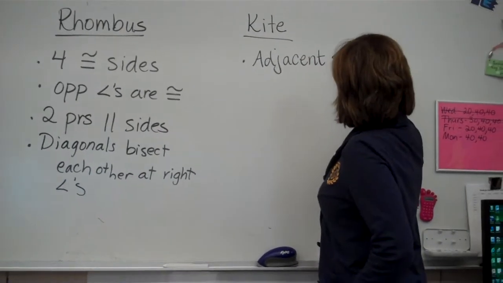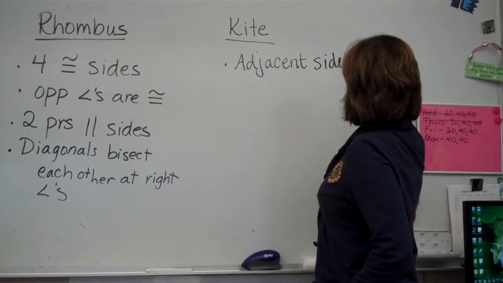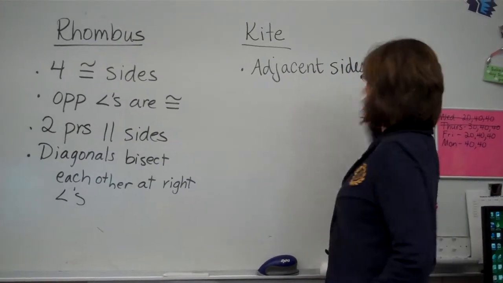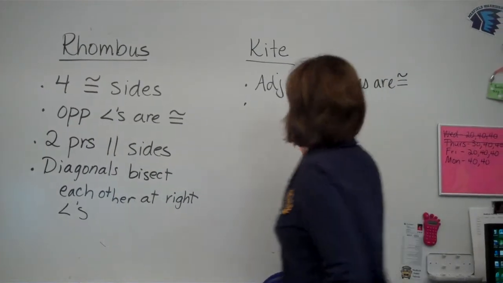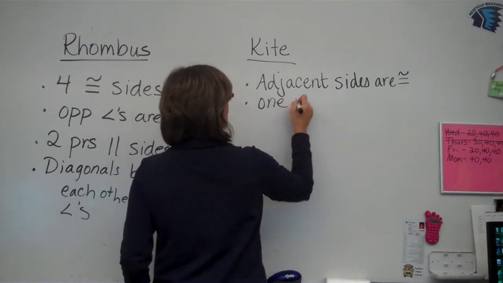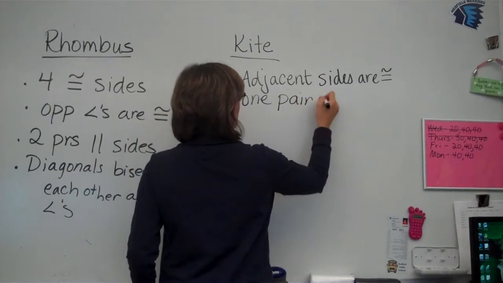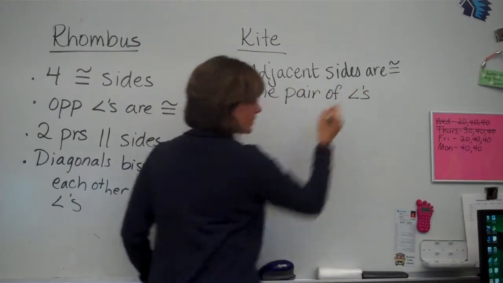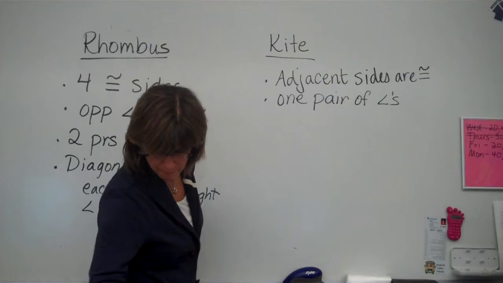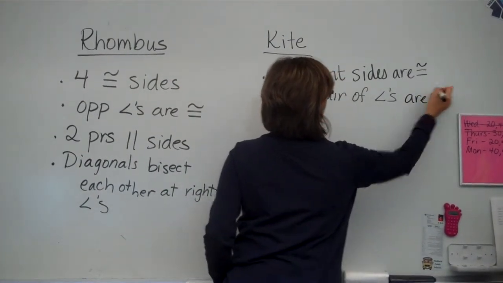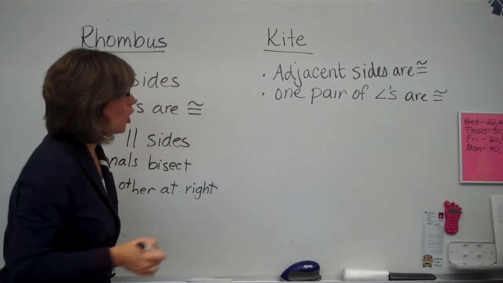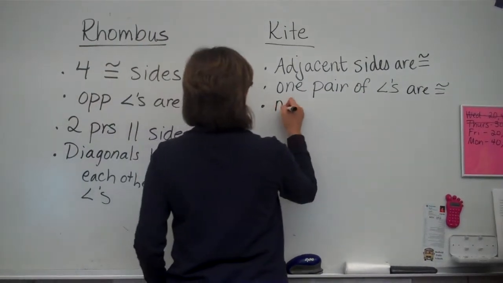And the adjacent sides here are equal or congruent. 1 pair of angles are congruent, and no parallel sides.